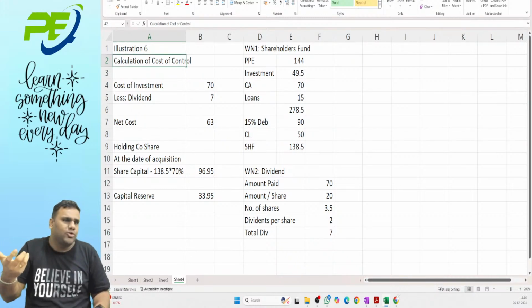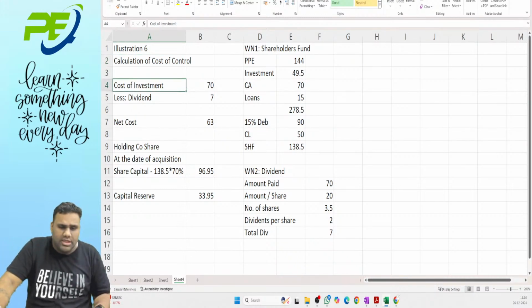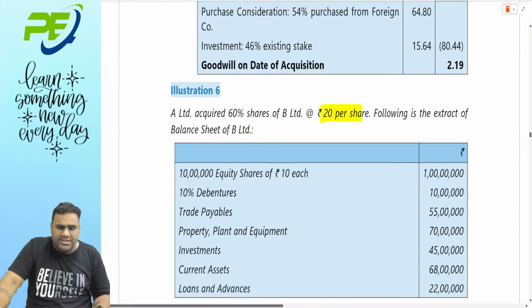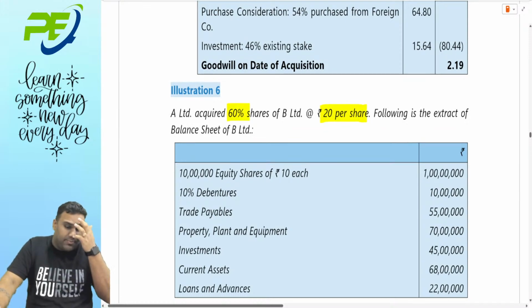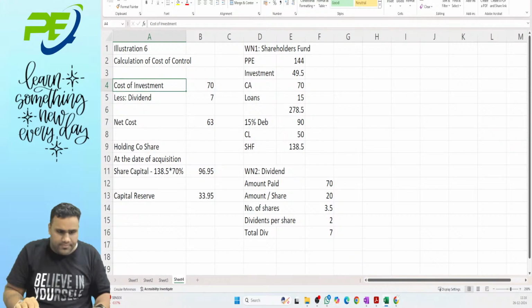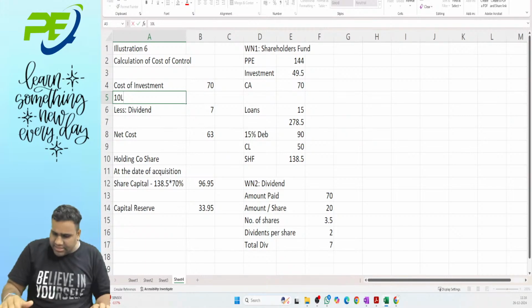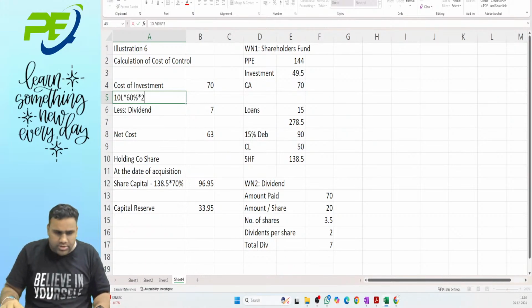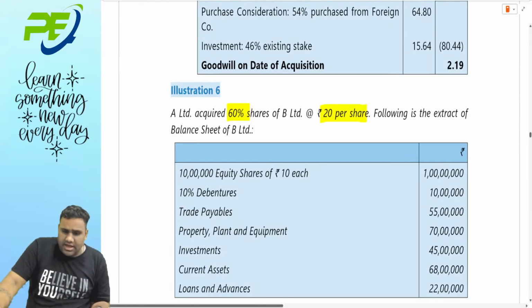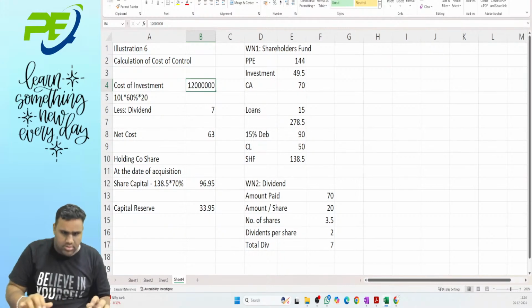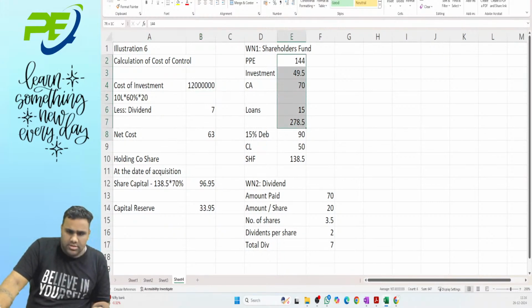They have asked cost of control, goodwill or capital reserve. Now cost of investment, have they given? Yes, 20 per share, and they've taken 60%. So 10 lakh shares into 60% into 20, 120 lakhs. 1 crore 20 lakhs.